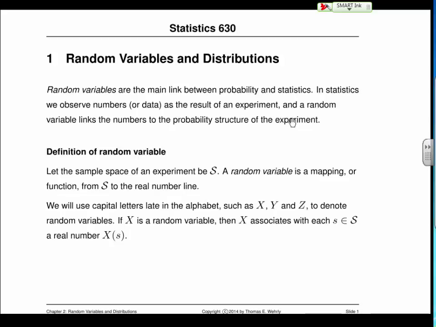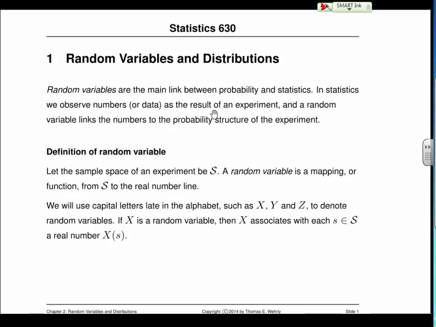Now, random variables will be our link between probability and statistics. See, in using statistics, we carry out an experiment and observe a collection of numbers. And what we'd like to do is to say something about the properties of the experiment based upon that collection of numbers. So we want to carry out statistical inference.